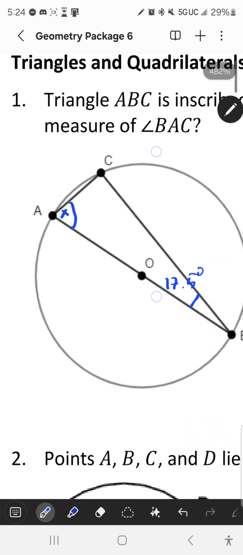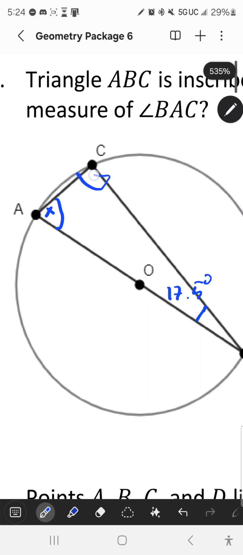Now, you might be wondering, but we don't have the measure of this angle. But there is a theorem. This is the bad part: you need to know this by memory.